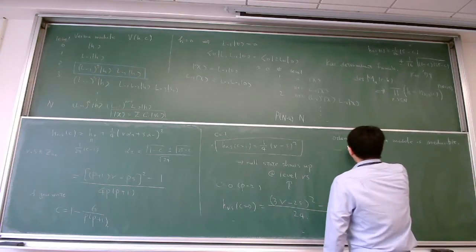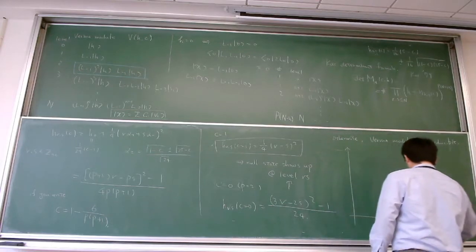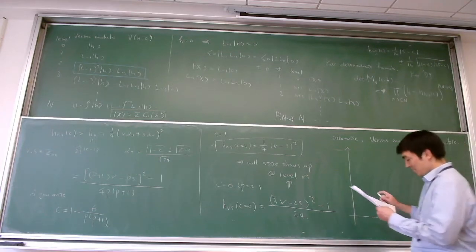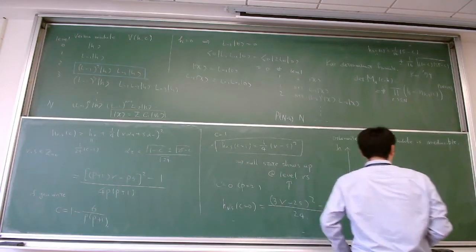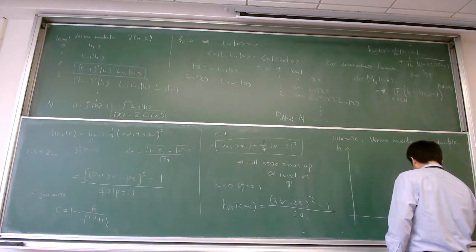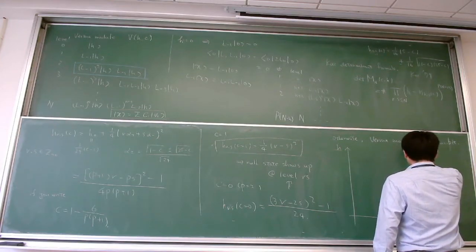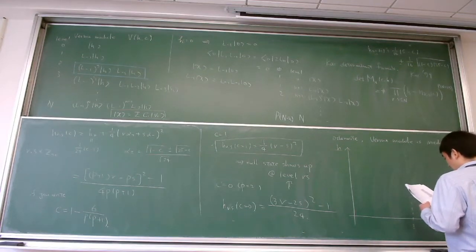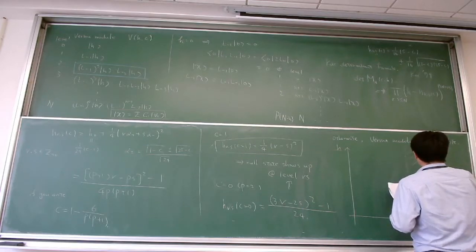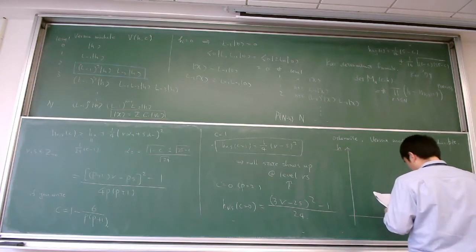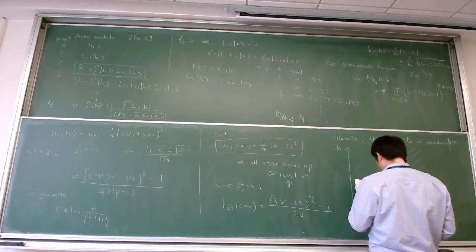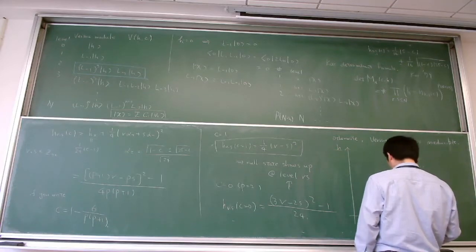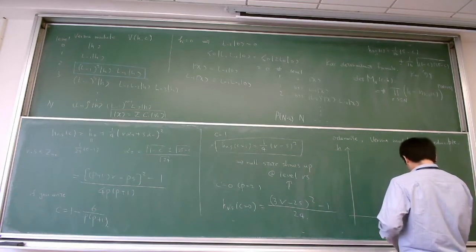I'm going to write down c and h, and c equal to 1 is here. At c equal to 1, something special occurs: this h is equal to one quarter.